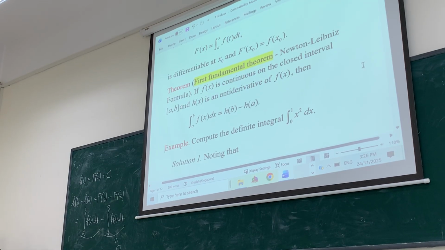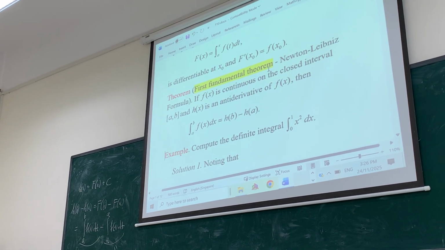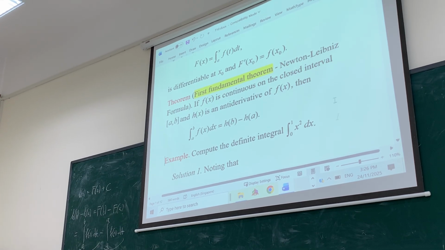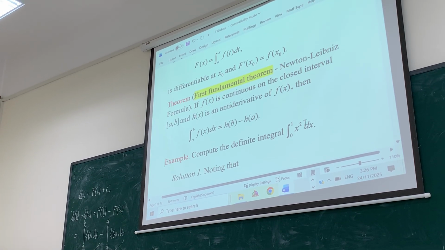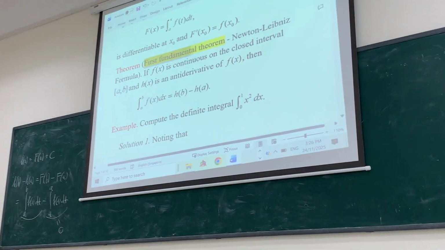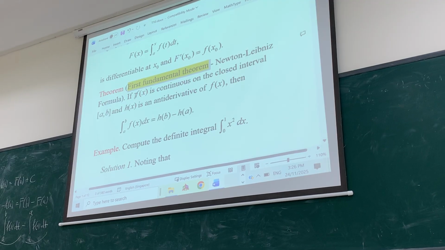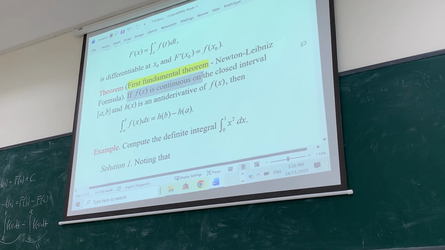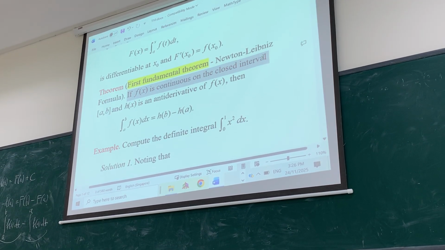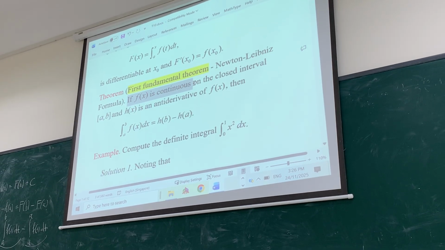In this example, we want to apply the first fundamental theorem to evaluate the definite integral. If you want to apply the first fundamental theorem here, we need to check that the function f satisfies the condition of the theorem.